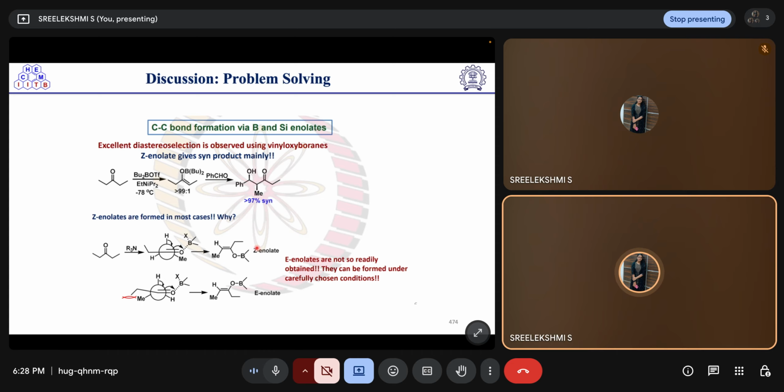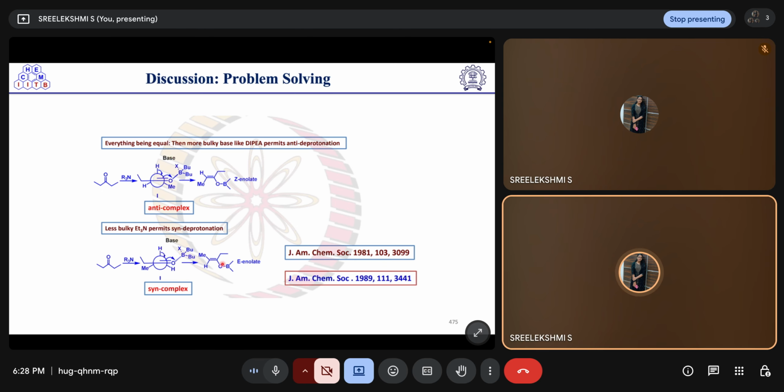But for the formation of this E-enolate, it requires a transition state like this, where this methyl group and this ethyl group on the starting material will come in the same place, or it will come nearby. So that is not favored because of steric hindrance. So that's why this E-enolate is generally not favored and Z-enolate is favored in such cases. So here, as we can see, this methyl and this ethyl are on the same face, but here it is in the opposite direction in the case of Z-enolate.